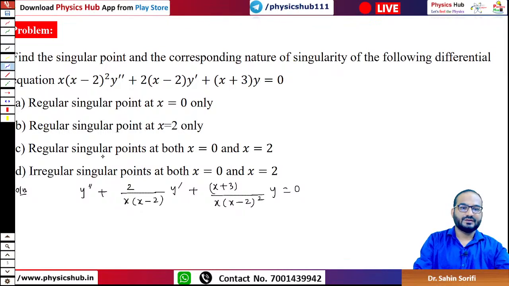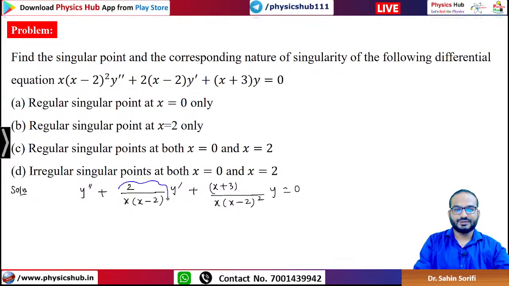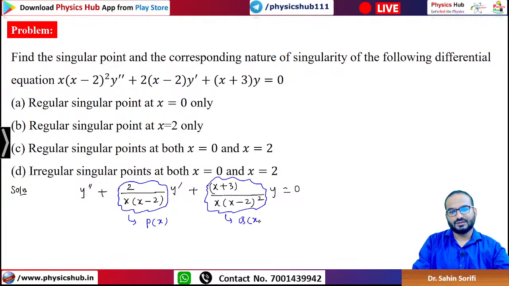From here, this is the coefficient of y prime, so this is your p of x, and this is the coefficient of y, this is your q of x. You are getting C? Yes, C will be the answer.